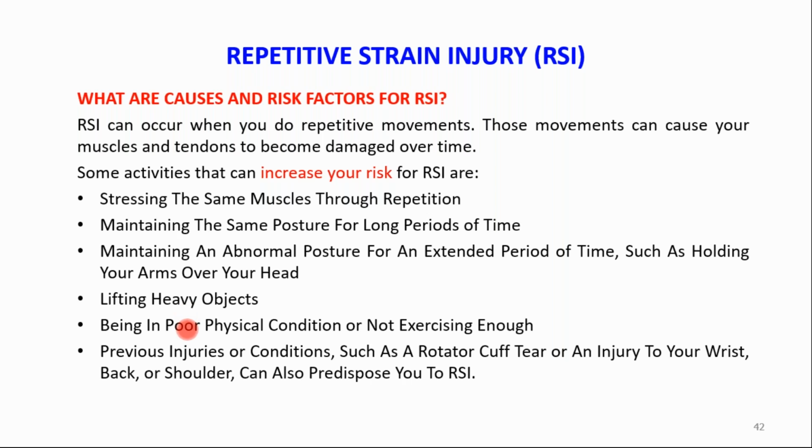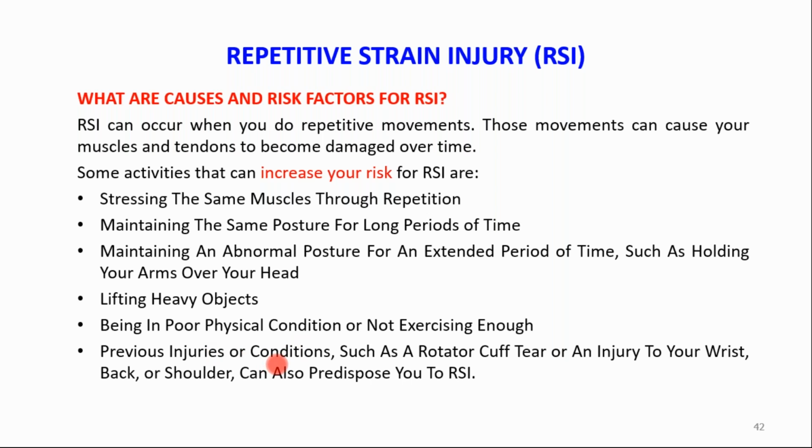Being in poor physical condition or not exercising enough, then you may be at higher risk again. So you have to do some exercises like stretching, etc. to release the strain or the pressure from the median nerve or from other body parts also. You have to do some physical activities to release that pressure, and changing the movement, the gesture and postures may relax your body.